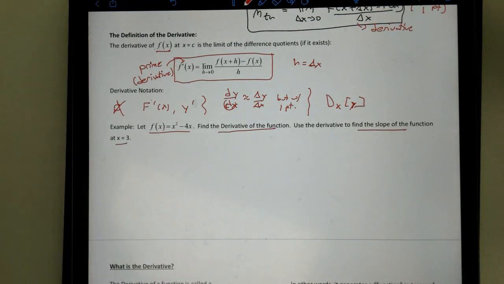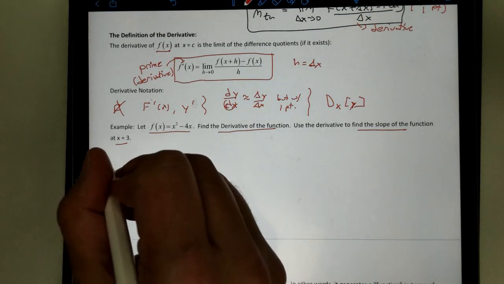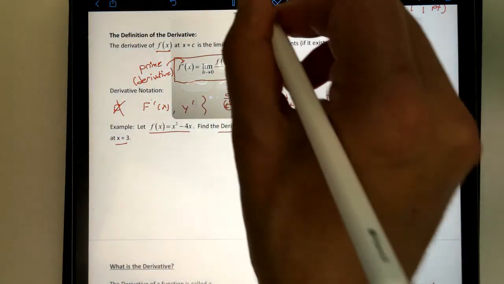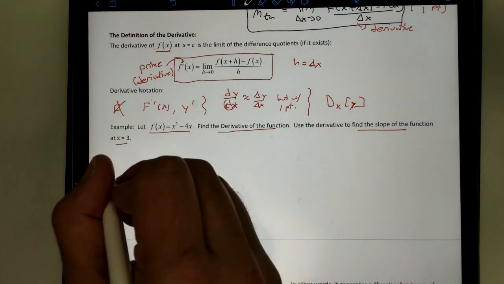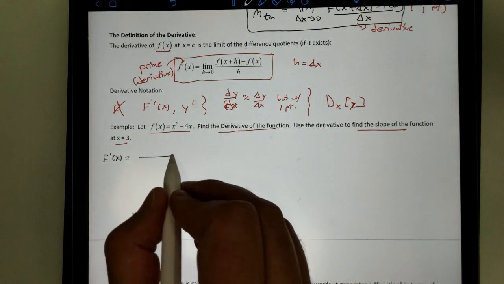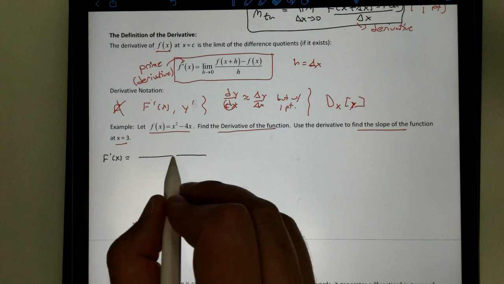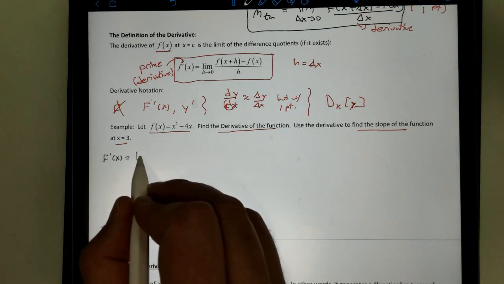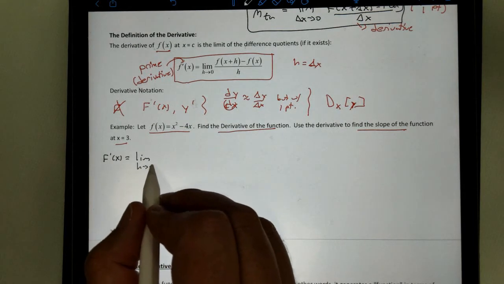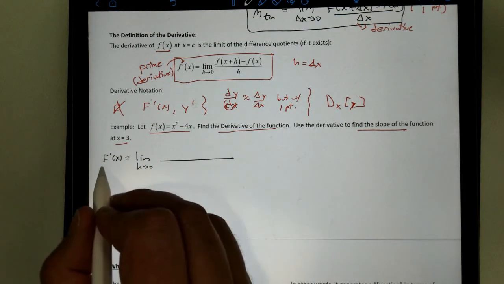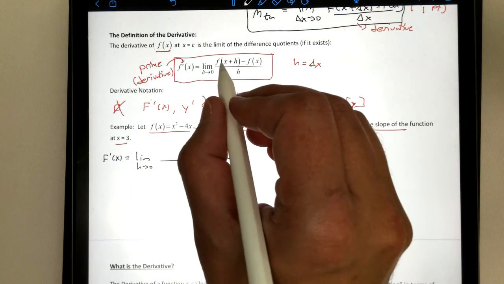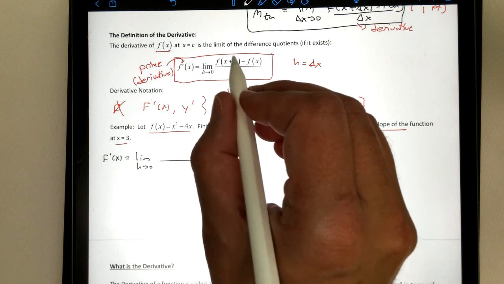Super easy to do. To get our derivative, we're going to say f prime of x equals a long fraction bar. Whoop, I messed up already. Get rid of that. You need to have the word limit, and we're going to say h goes to 0. Now notice I put f prime because we're talking about a derivative here. The rule says everywhere there's an x, I'm going to plug in an x plus h.